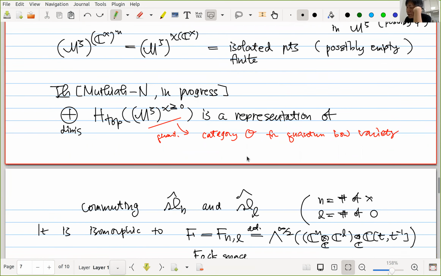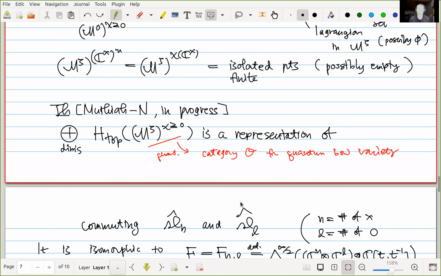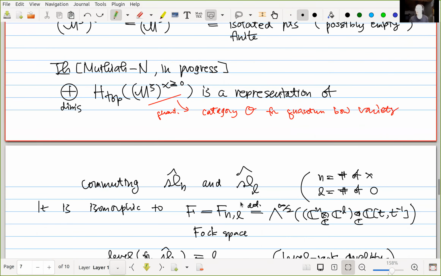But I mean, this W-algebra is a reduction of an affine algebra, but these N and L have nothing to do with the rank or levels of the affine vertex algebra. But if you look at the semi-infinite wedge space, as a vector space that's N times L dimensional.